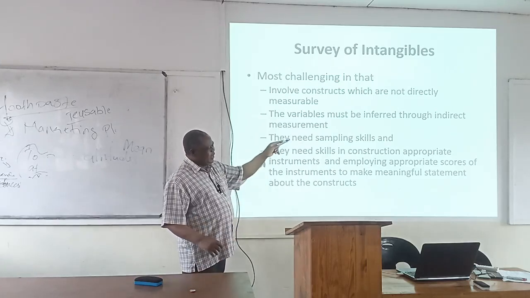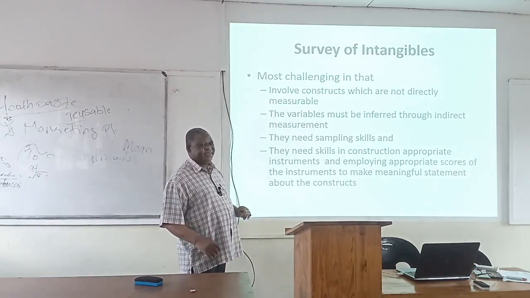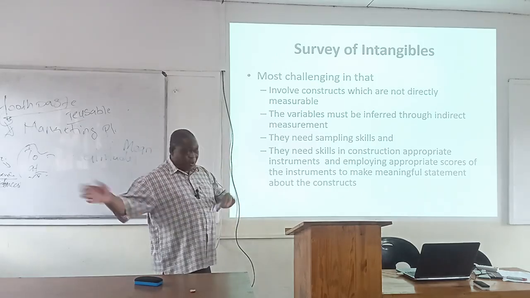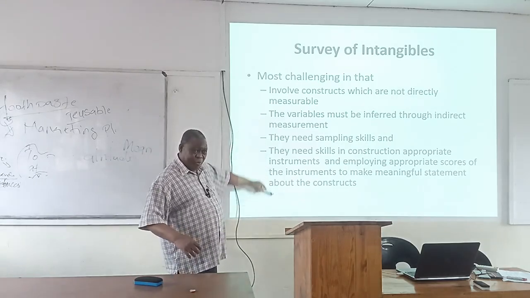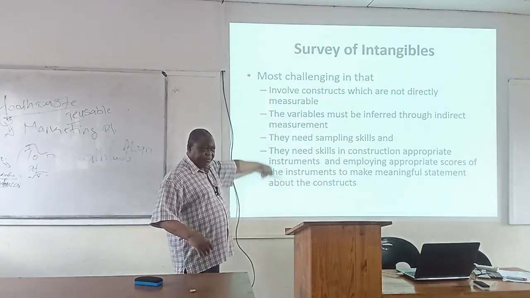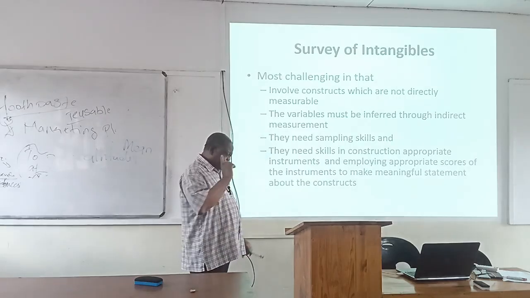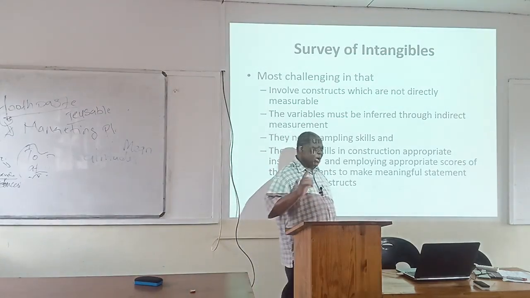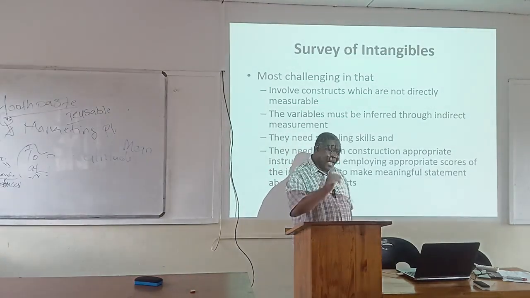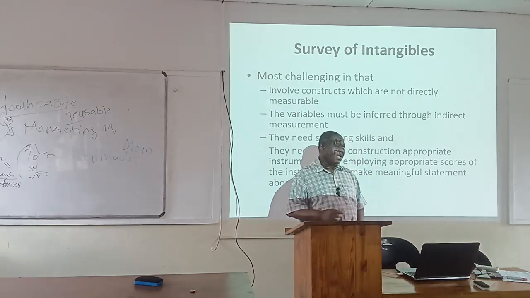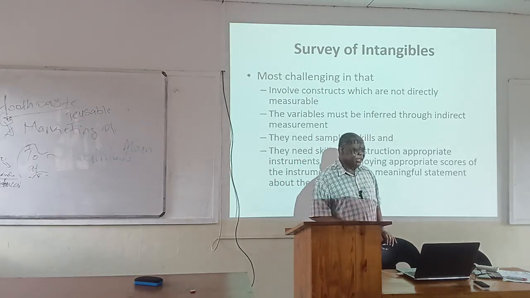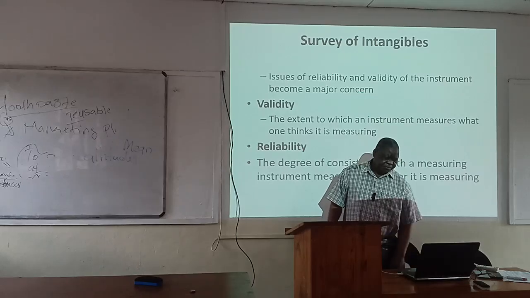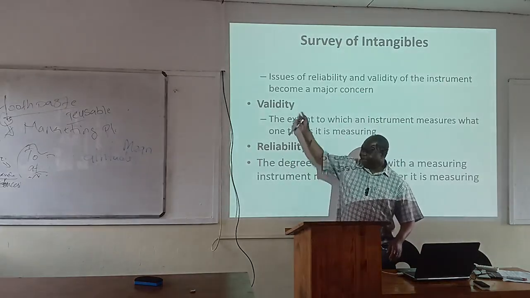So whether you are doing explanatory surveys or descriptive surveys, you are sure in one way or another you will meet the situation of dealing with intangible variables, and you have to think about what type of measurement instruments to use. How do I make sure that those measurement instruments are measuring what I want to measure? How do I make sure that they are reliable? Validity and reliability.